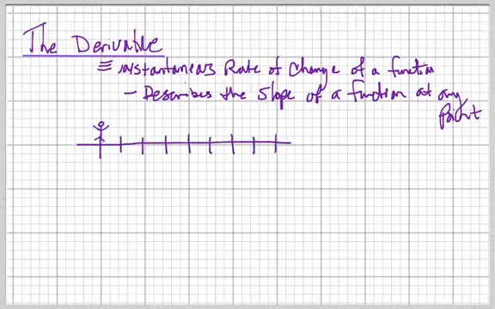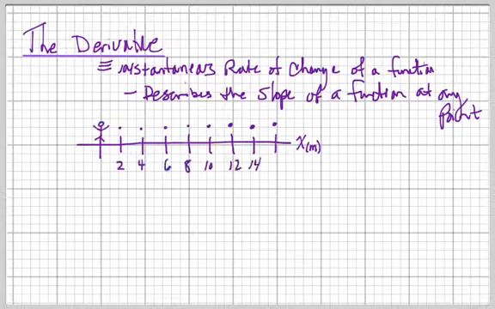Okay, so here we have our little friend walking along the street again, and he's on our graph for x meters. And each one of these dots represents a moment in time. So it looks like he'll travel 2 meters every 1 second.